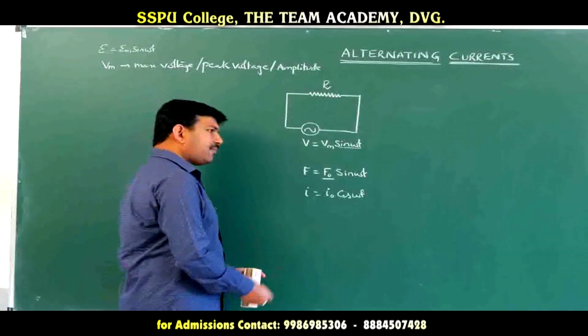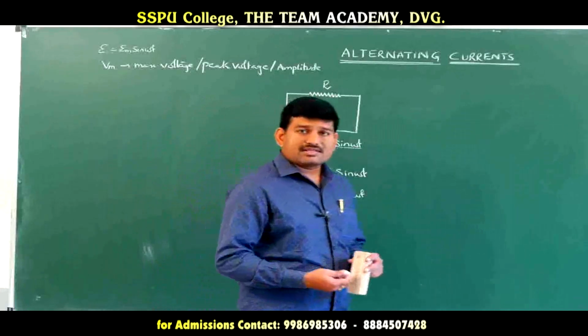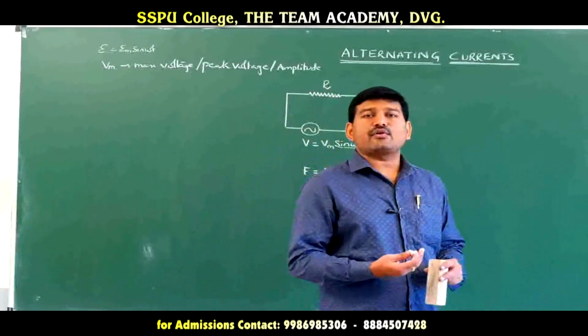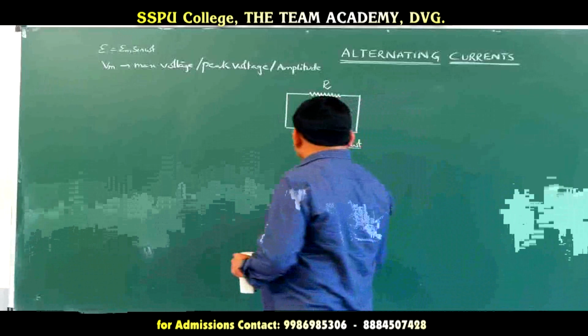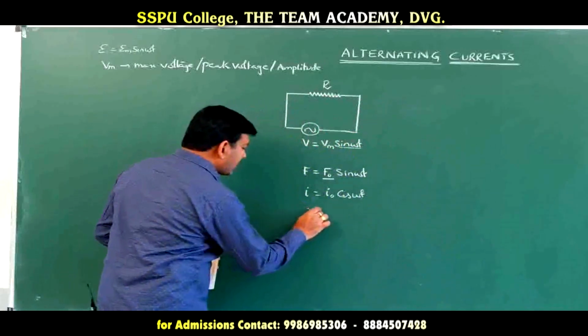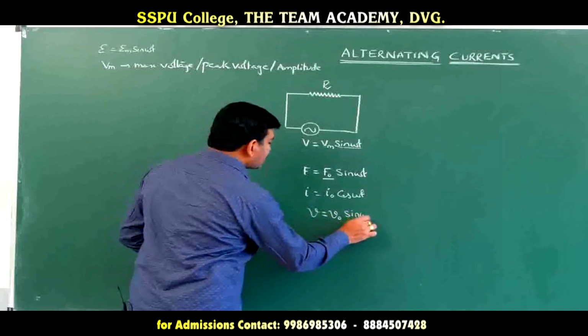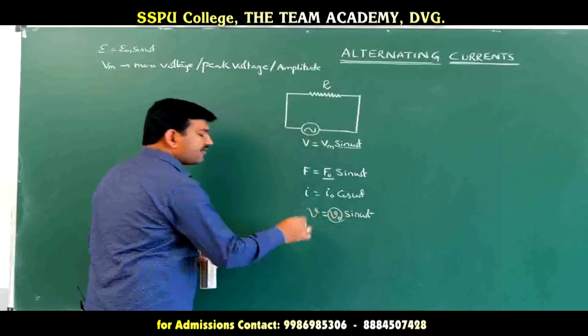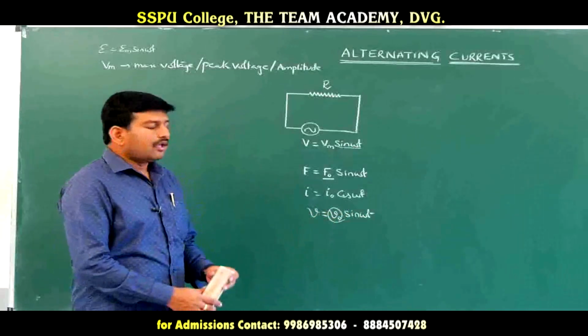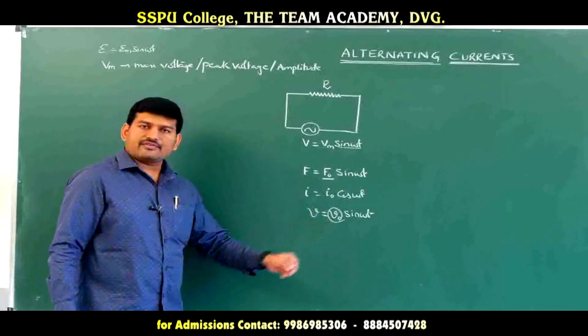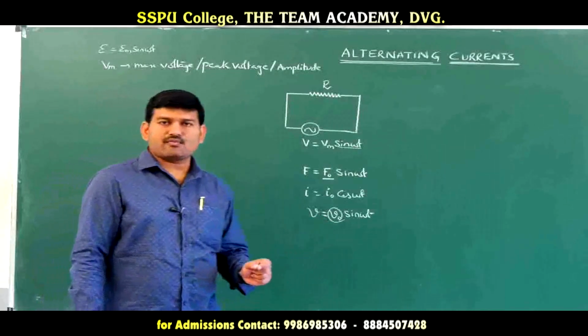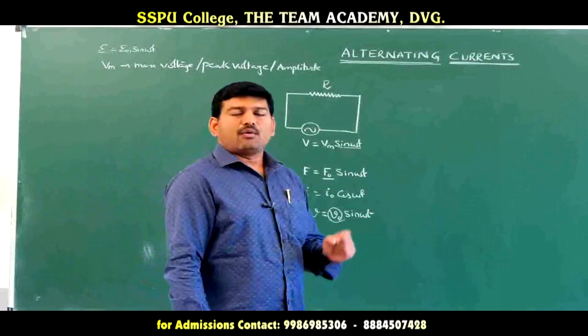In the same way, if the velocity of a body is varying periodically with time, it can be represented as V is equal to V naught sin omega t or cos omega t. What does V naught refer to? V being the velocity, V naught refers to the maximum velocity or the peak velocity or the amplitude of velocity.